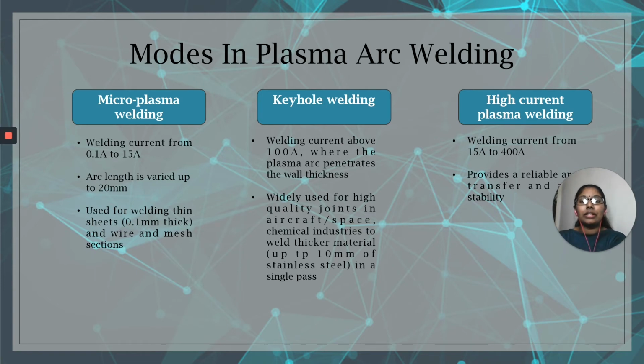The protected electrode inside the torch improves the welding geometry and penetration control. This mode also provides reliable arc transfer and arc stability. However, this technique can only be used in conjunction with larger orifices and precise plasma gas flow rate control to avoid burnout of the plasma tip.